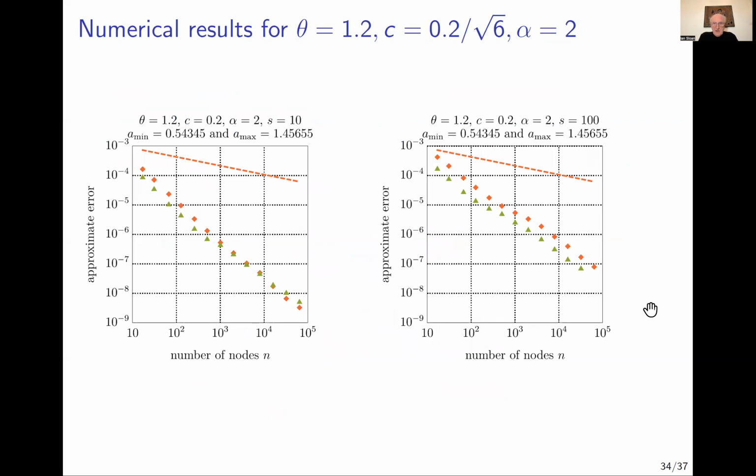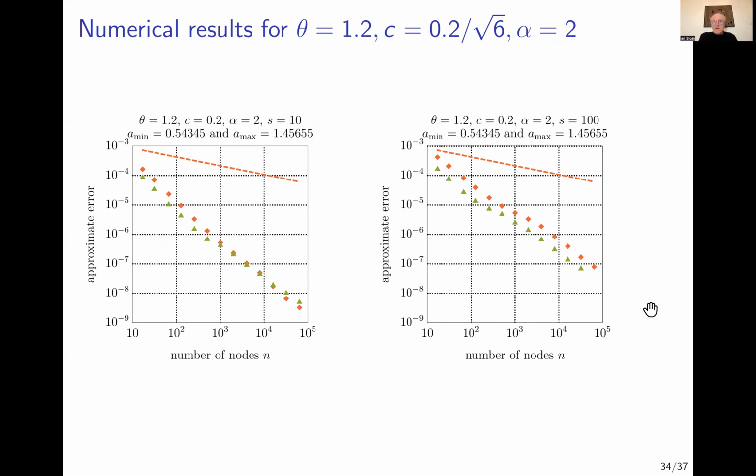And now I show you numerical results again. And so this is now the triangles. The legend is slightly different, but the red are the same as before. They're the spot weights.